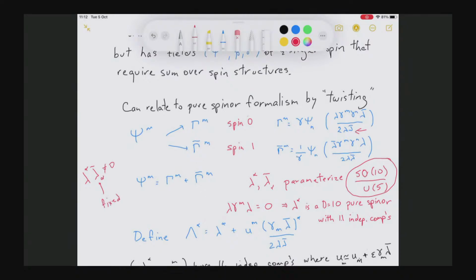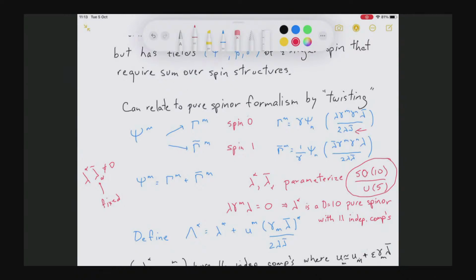So of course, if I want to do this on the whole pure spinor space, I need to choose patches. You can't do this globally on the pure spinor space, but you can do it locally in the sense that you can choose patches where for a fixed lambda bar, at least there's a set of lambda alphas or a patch of lambda alphas such that this is non-zero.